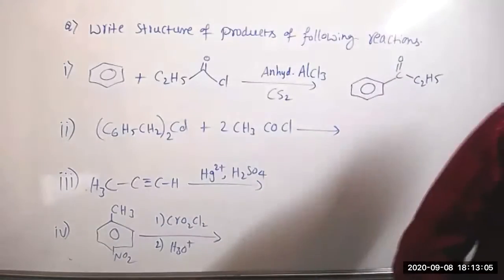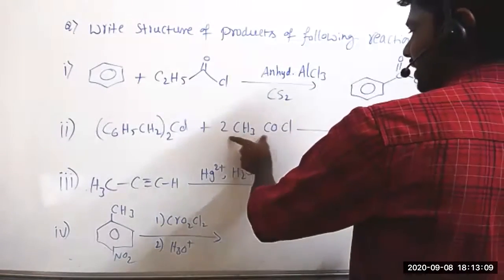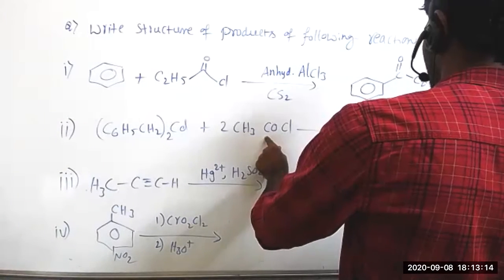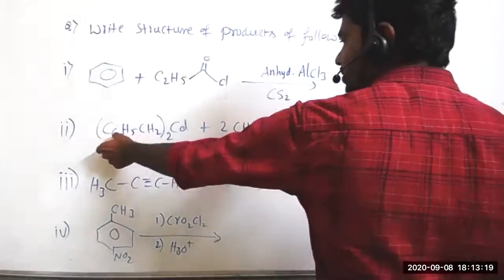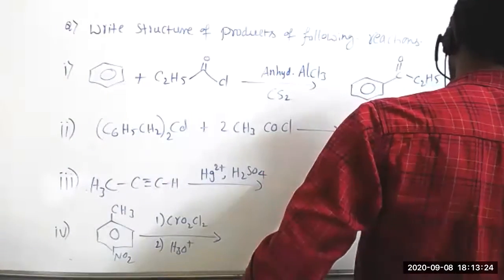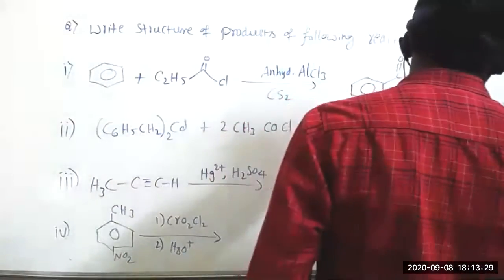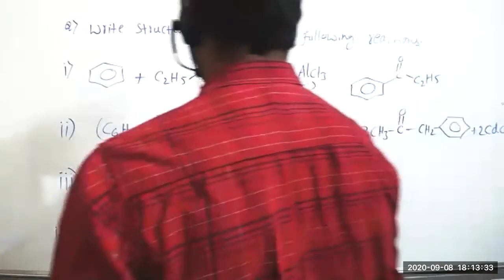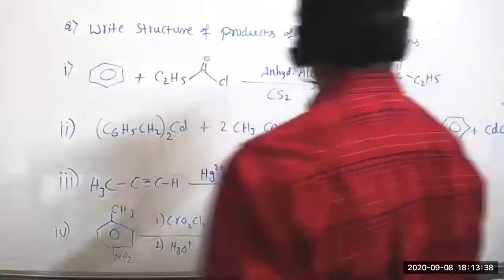First you write the acyl part, CH3CO, 2 moles. And this CO is linked to CH2 C6H5. Now it is correct. The byproduct is cadmium chloride only, CdCl2. That also 2 moles? No, 1 mole only. Yeah, 1 mole.